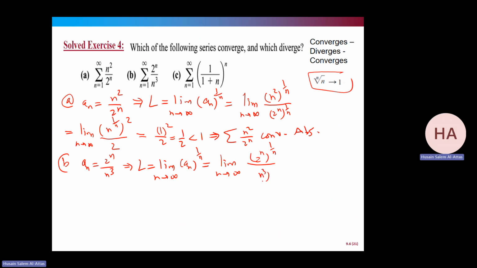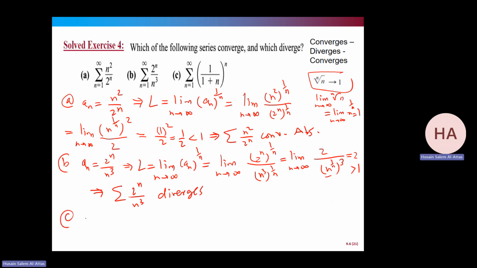Here I have (n cubed) all to the power 1 over n. I can use the same trick, when I have 2 over (n to the 1 over n) all to the power 3. Notice the limit of n to the power 1 over n should equal 1. So I have 2 greater than 1. So this series diverges.